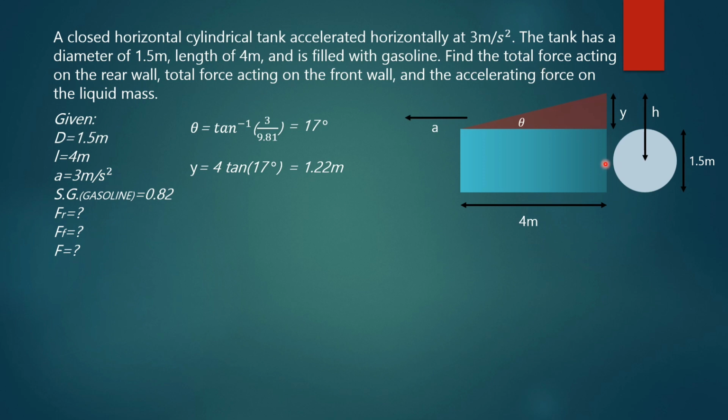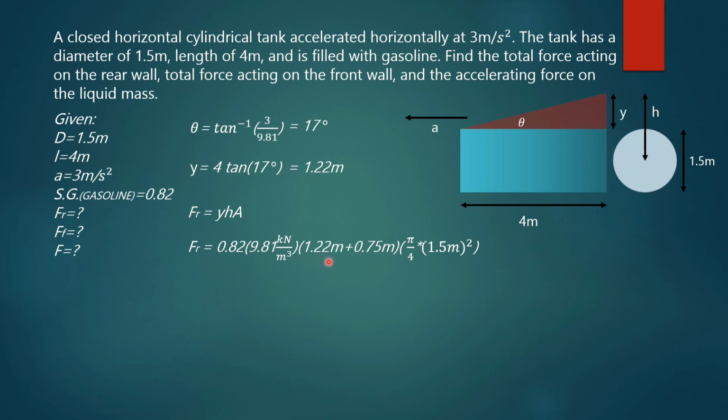So the rear wall would be here. Solving that would be specific weight times height times area. So 0.82 times 9.81, specific gravity times gravity, would be the specific weight, times 1.22, which is the y, plus 0.75, which is half of the diameter. So height would be from half of the diameter up to here.